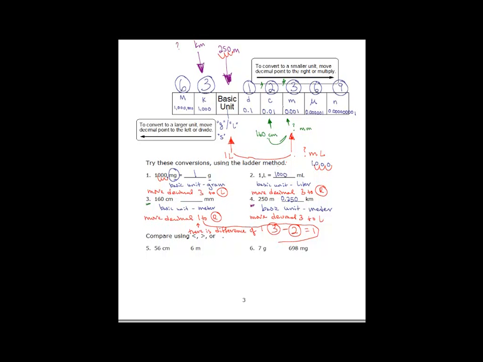So I'm starting off at centi, and to get to my basic unit I need to move it 2. So I'm going to convert this. So I want to figure out how many meters this is. So I need to move the decimal 2 to the left. So 1, 2.